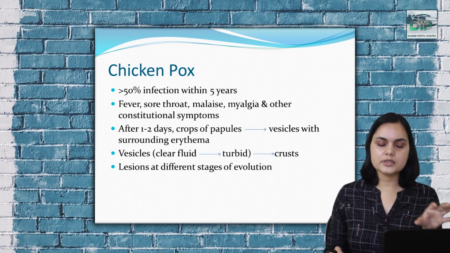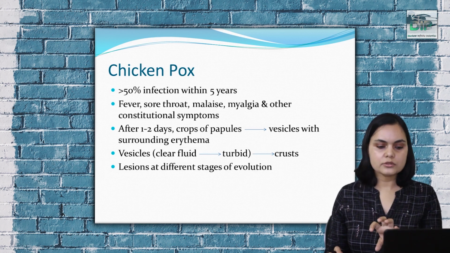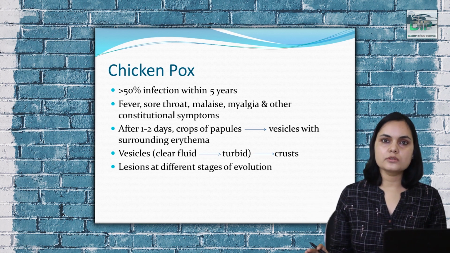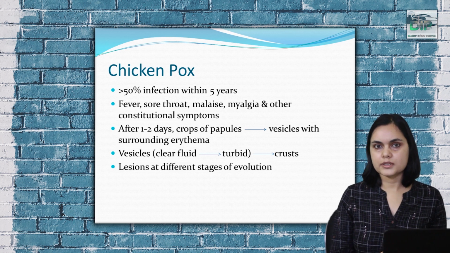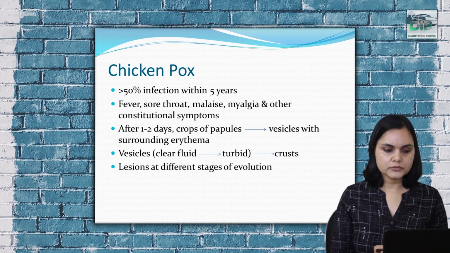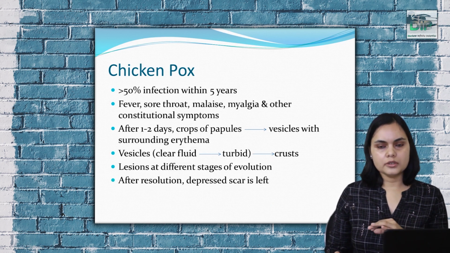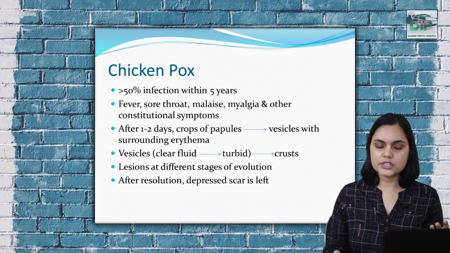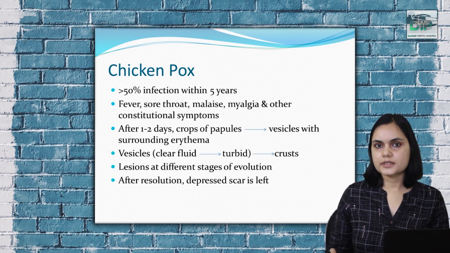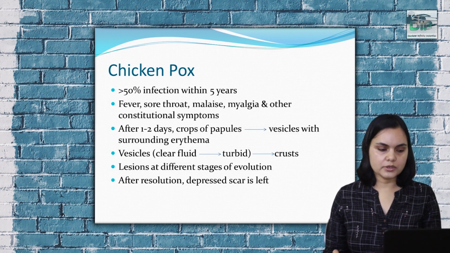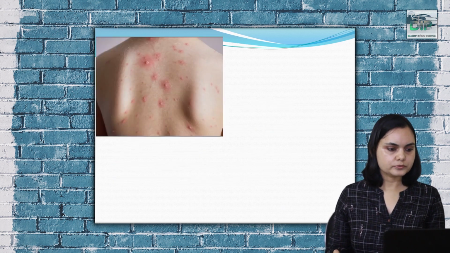Some are in the papular stage, some in the early vesicular stage, some in the late vesicular stage, some in the crusting stage. So this is one of the diagnostic clues to diagnose chickenpox. After resolution of these lesions, a depressed scar is left behind. This is the sequela of chickenpox.